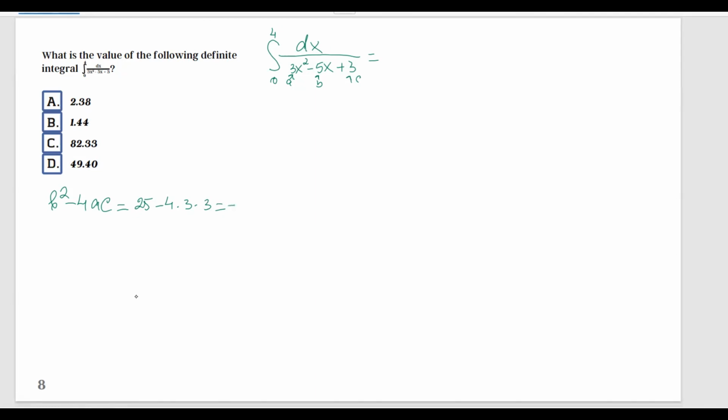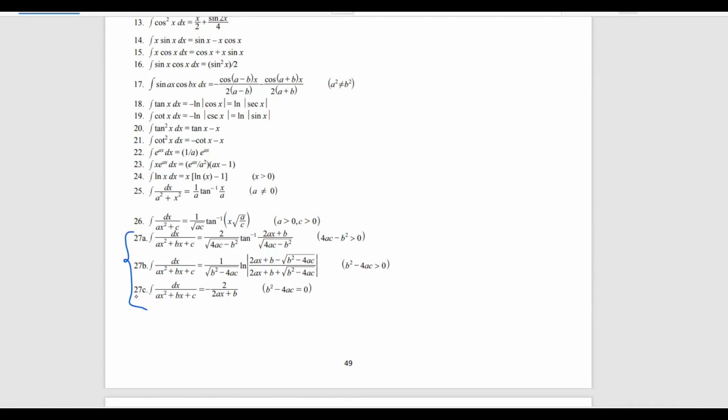So I'm getting a value of minus 11, which is less than 0. Excuse me, I feel like they should have just left b squared minus 4ac. You know, you do one calculation and find out for everything. But anyway, in my case, b squared minus 4ac is less than 0, which means I have to evaluate for 27a, this case.